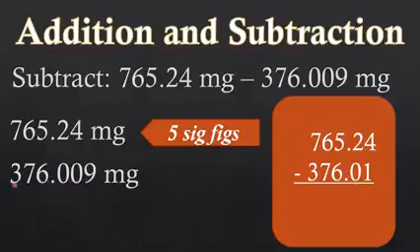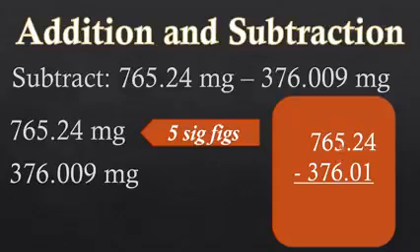Instead of 376.009, ginawa natin 376.01, kasi we will follow the rule na kung saan yung numbers involved during subtraction and addition must contain the least precise measurement. In this case, we have 5 significant figures. So naging 376.01.